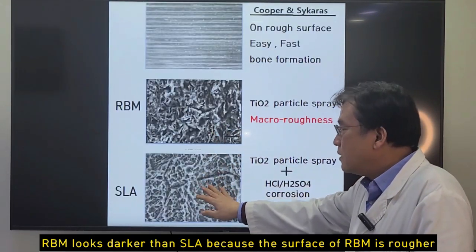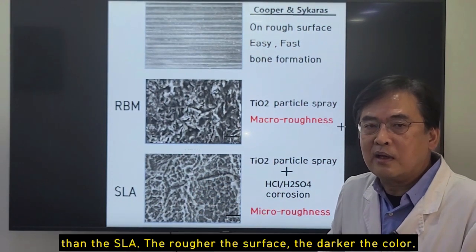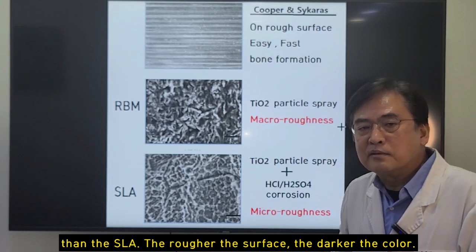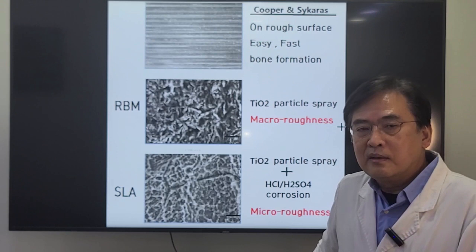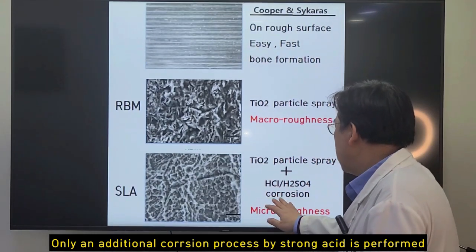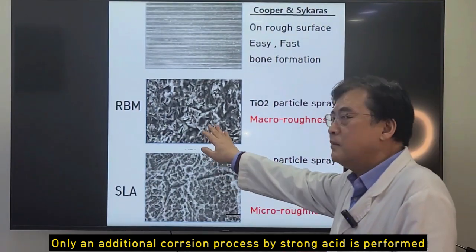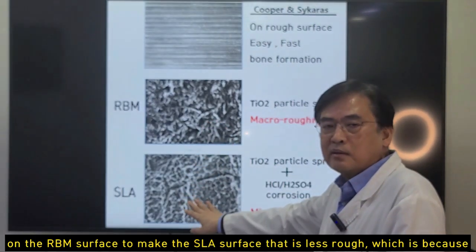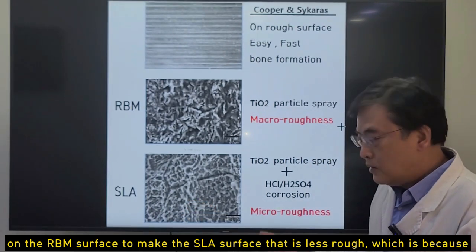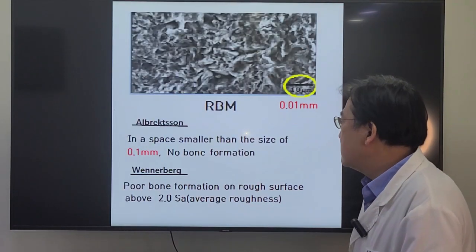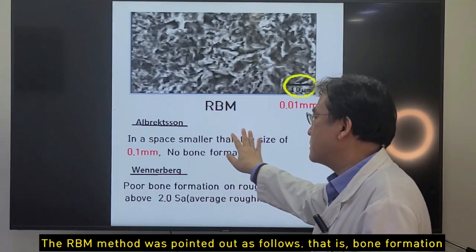RBM looks darker than SLA because the surface of RBM is rougher than SLA. The rougher the surface, the darker the color. An additional corrosion process by strong acids is performed on the RBM surface to make the SLA surface, which is less rough, because the RBM method was pointed out as follows.